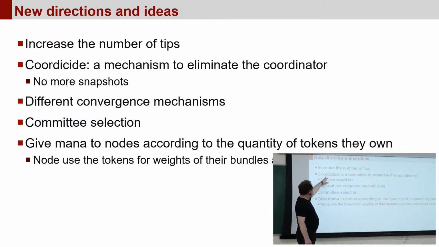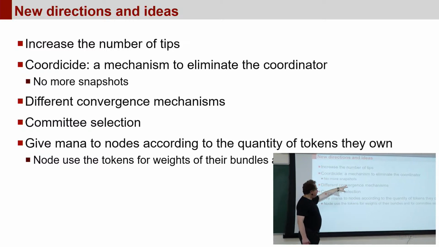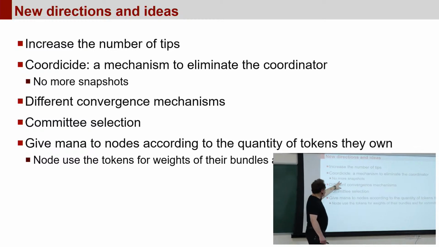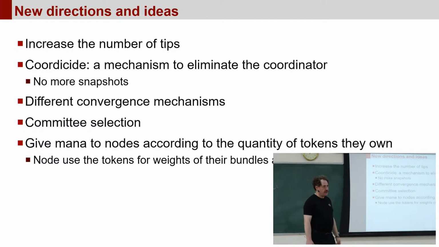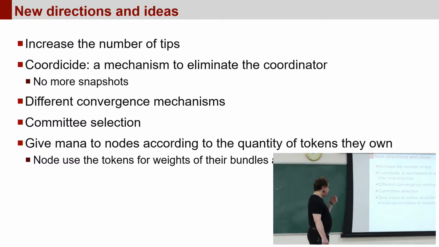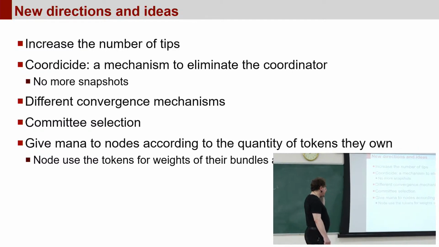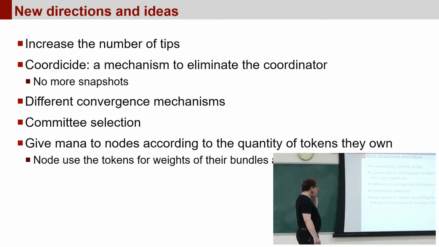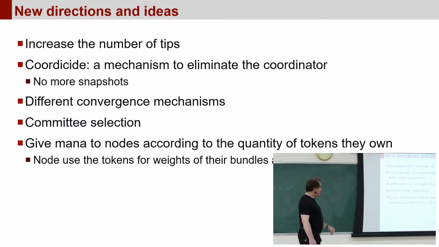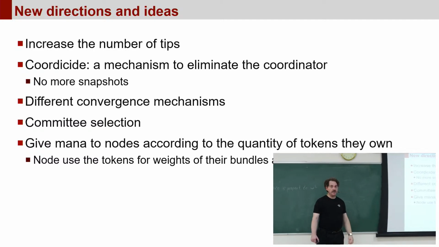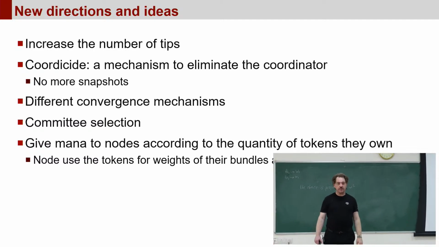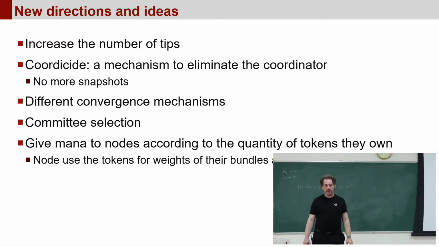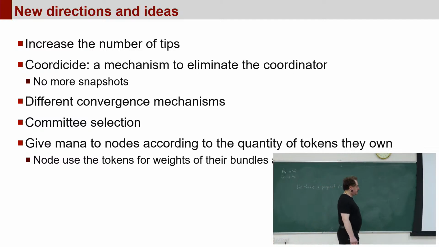Coordicide: a mechanism to eliminate the coordinator doing snapshots, to increase decentralization. Committee selection. At some point they were running around with the idea of consensus being run by a committee, similar to Algorand and other systems using committees.